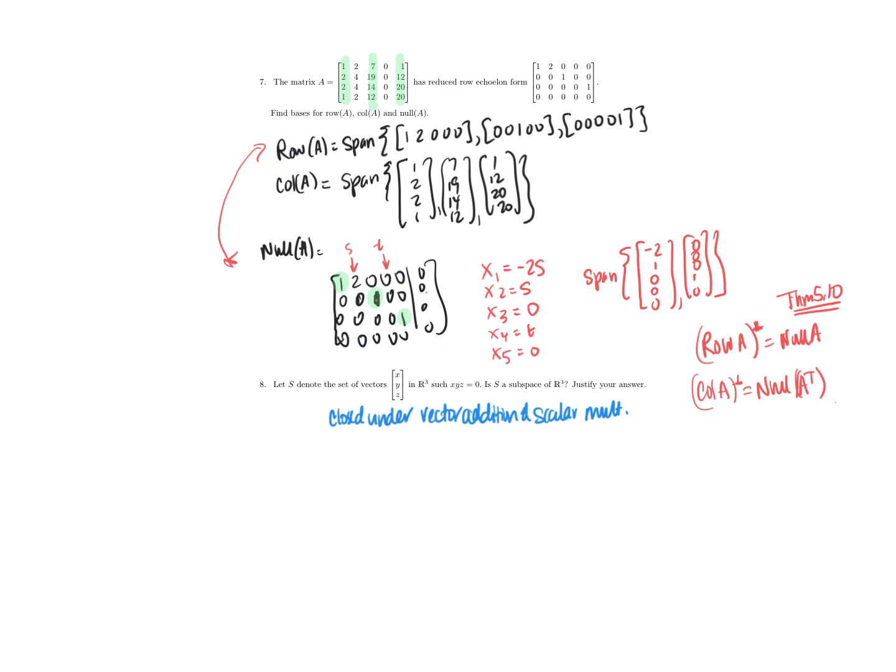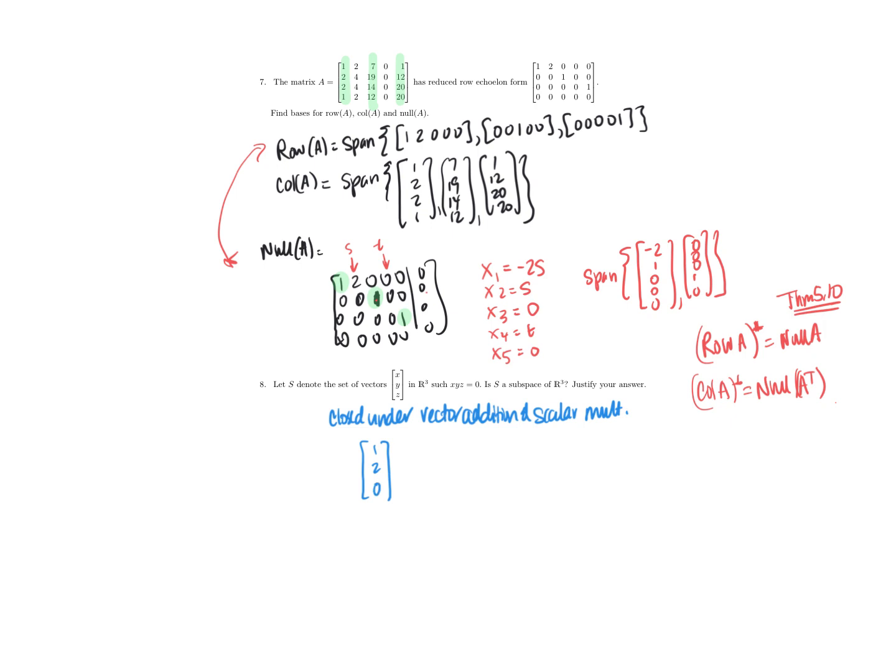Okay, so if you have the set of (x, y, z) such that xyz equals 0, maybe we take 2 of these vectors. Let's just think of an example. That would be anything that contains 0.